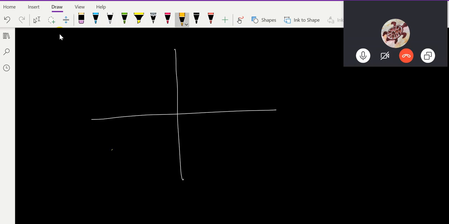Another way of looking at this is, if I have the first line like this, the slope of this line is the y value upon the x value, right? So y value is this.